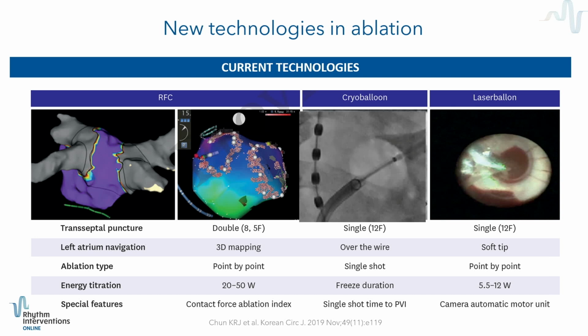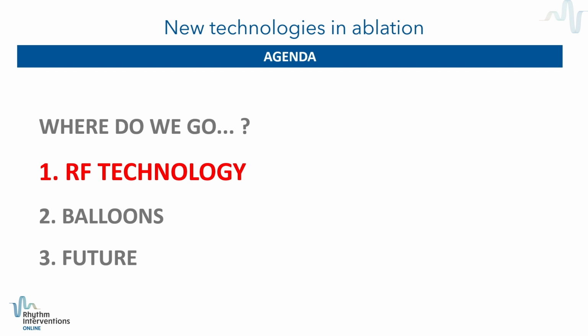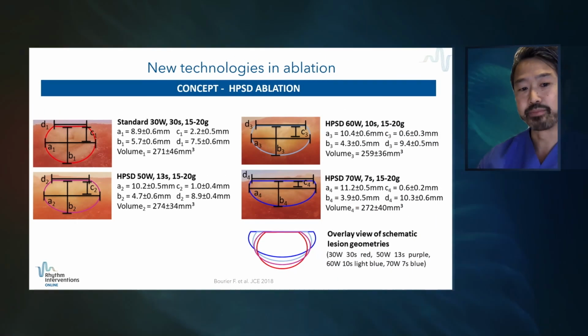Or, on the other hand, and that was, I think, a major step forward over the last years, the introduction of balloons into the arena of AF ablation. It's especially the cryoballoon, but also laser balloon and other devices, which I will talk about in a minute. So this is my agenda.